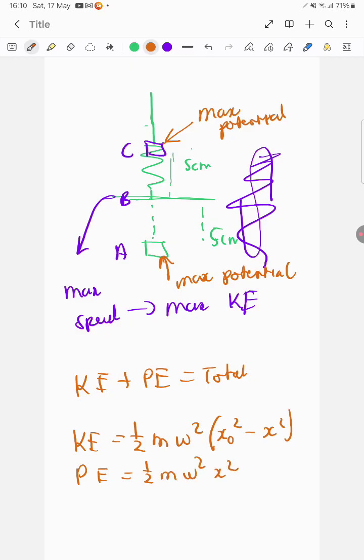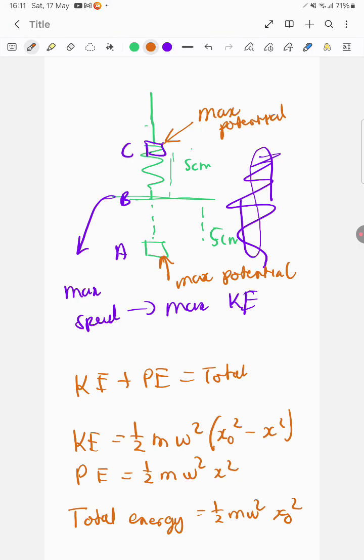And then the formula for total energy, say for example when potential is at the maximum point, is half m omega squared x naught squared. That's total energy when you have a combination of both, kinetic and potential.